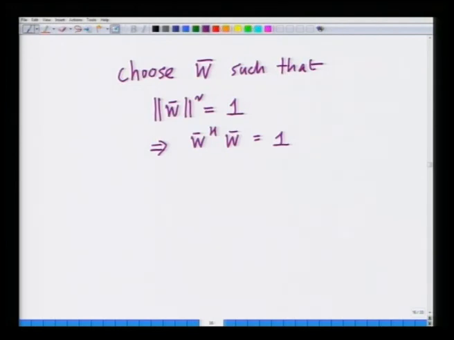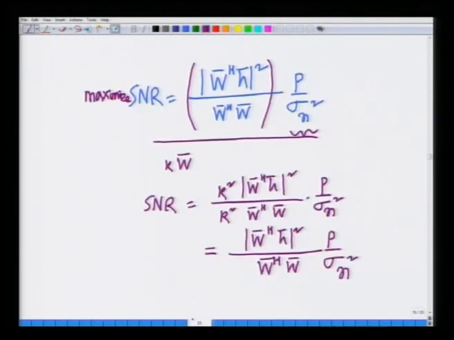So, now observe the SNR. The SNR is magnitude W bar Hermitian H bar square divided by W bar Hermitian W bar, but W bar Hermitian W bar has been fixed to be 1.